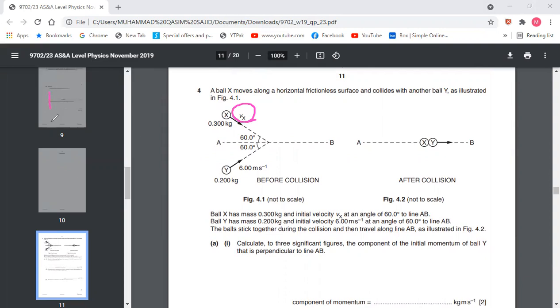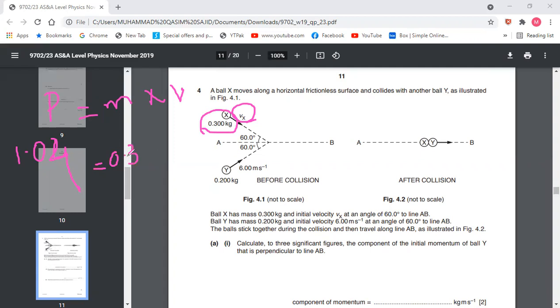So how to find? As P equals mv, P equals m into v. Now the momentum we calculated is 1.02, sorry, 1.04, I think, equals to, what is the mass? Mass of x is 0.3.